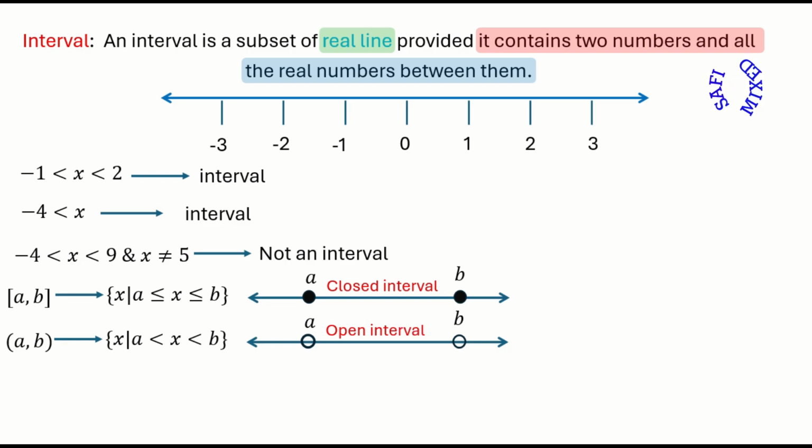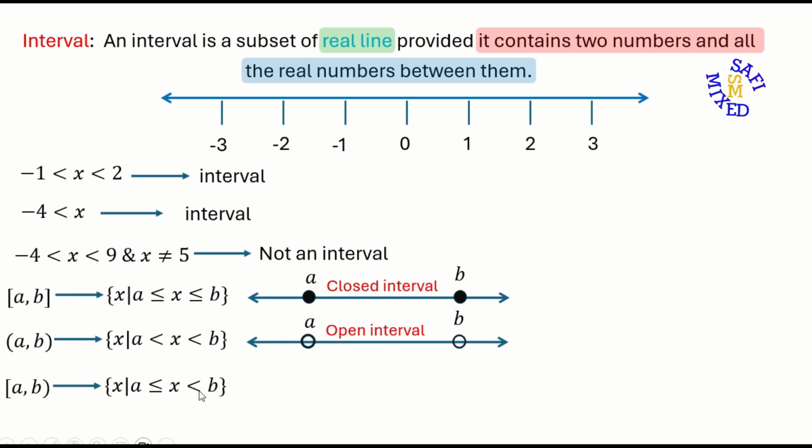An interval can be closed and open at the same time, and such an interval is written like this. This is an interval that includes A but does not include B. Such an interval in the set format is written like this, that is, x is a member of the interval where x is greater or equal to A and lesser than B, which means B is not included in the interval.